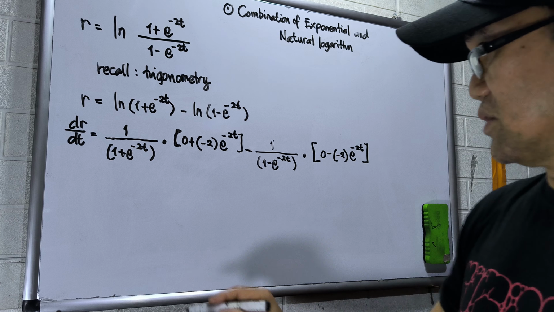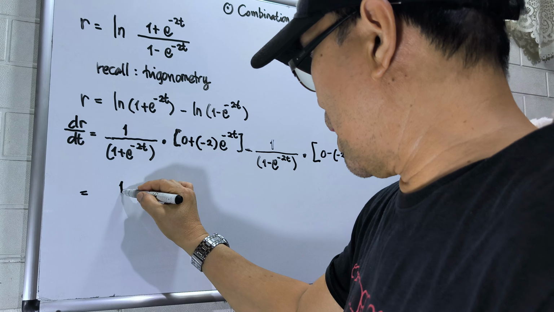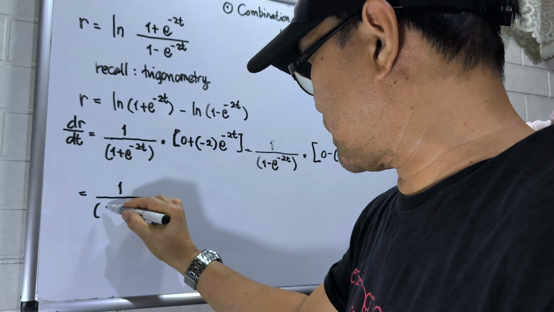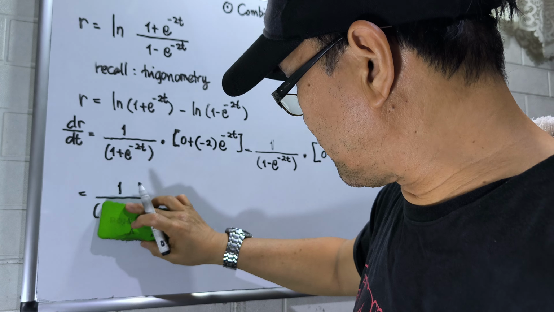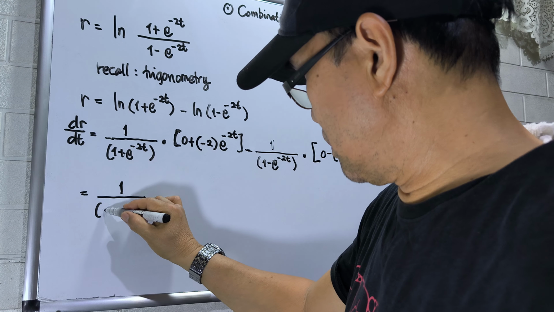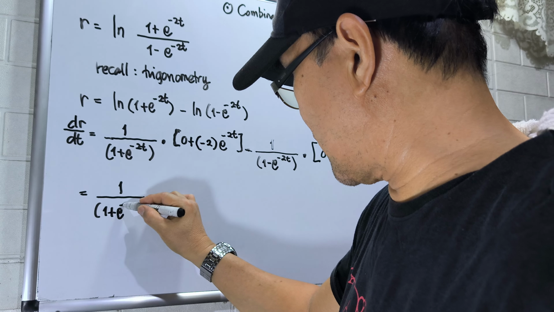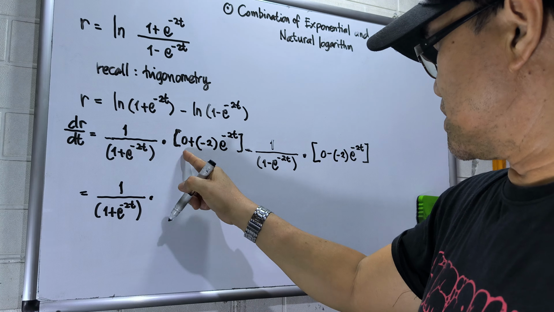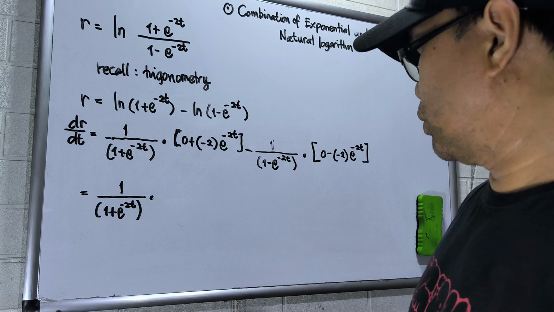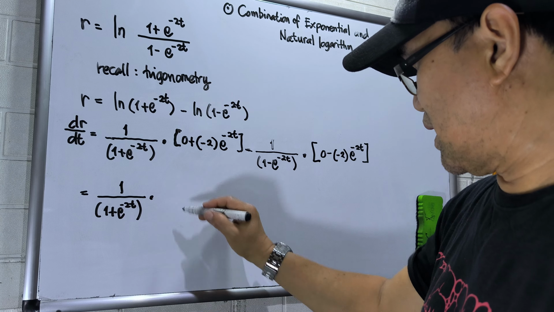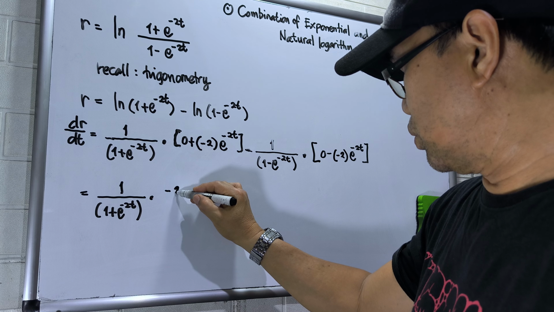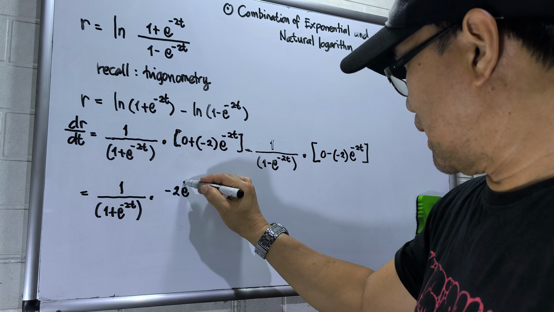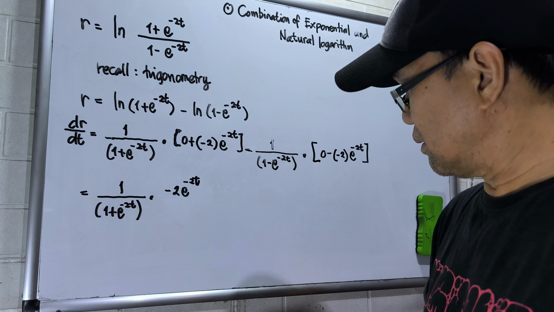Okay? So simplify. This will be 1 over (1 plus e to the negative 2t), then times 0 plus negative 2 times e to the negative 2t, which is negative 2 e to the negative 2t. Okay?